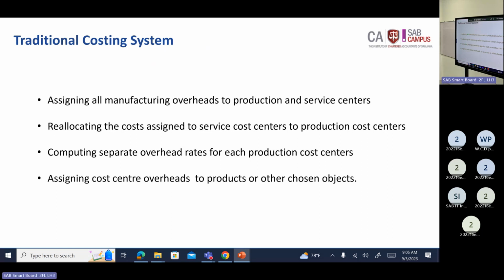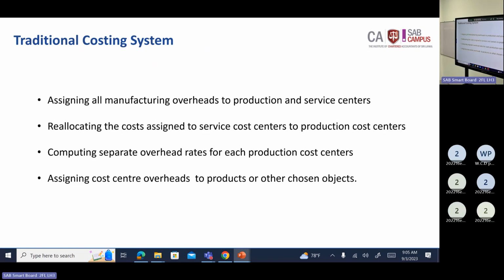So what we do, we have to identify the total overhead cost of factory 1. That we can identify on the factory rent, factory electricity, right? Factory staff salary, machinery depreciation. Likewise, you can allocate all the overhead costs for factory 1. Similarly, factory 2.